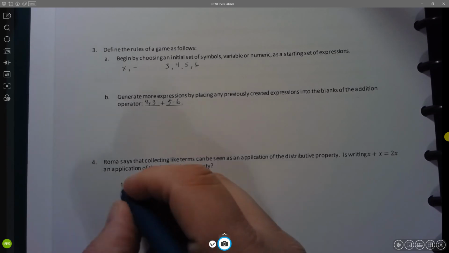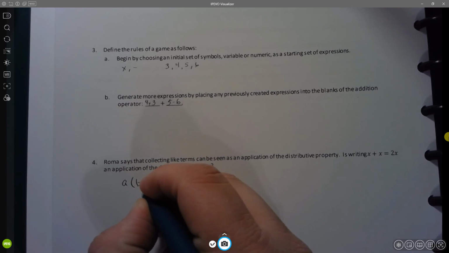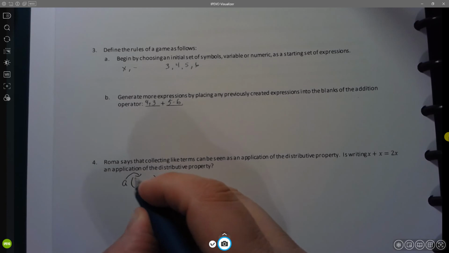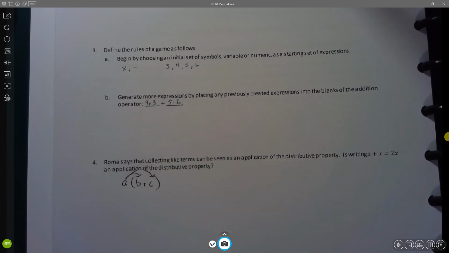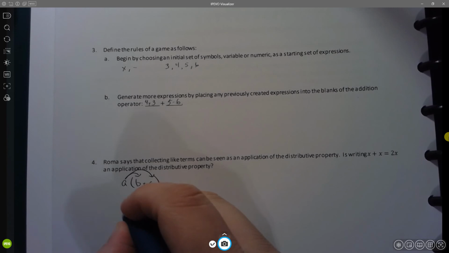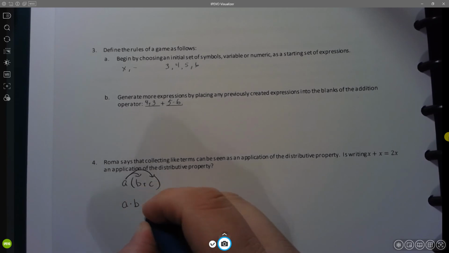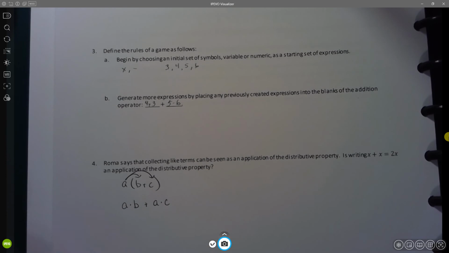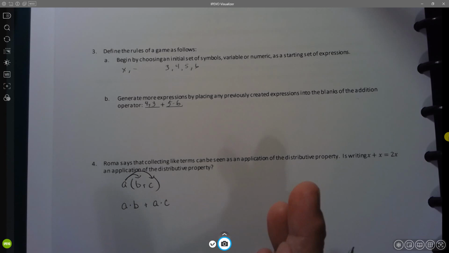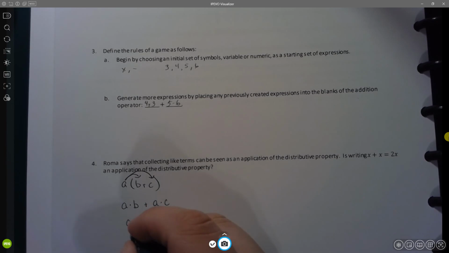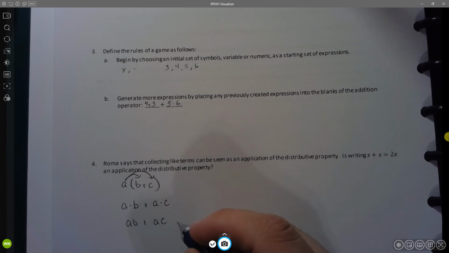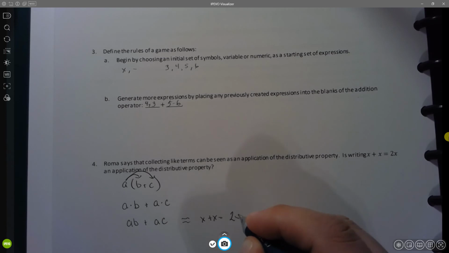So it'd be a times (b plus c), then you would distribute a to b and a to c, so it'd be a times b plus a times c, which is ab plus ac. So the question is, is this the same thing as saying x plus x equals 2x?